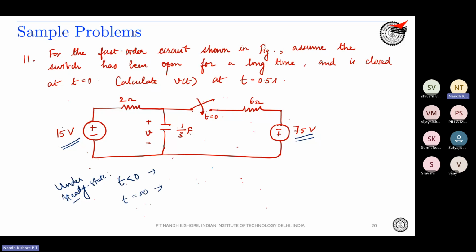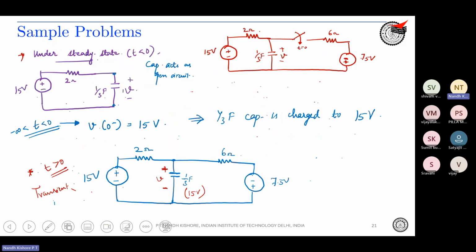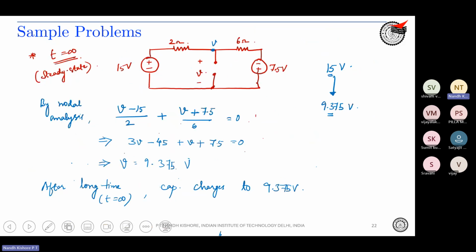That is what we did. At t less than 0, the switch is open, so the voltage is 15 volts directly. This is the capacitor voltage. And at t equal to infinity, that is the other steady state, we found by nodal analysis the voltage across the capacitor, 9.375.